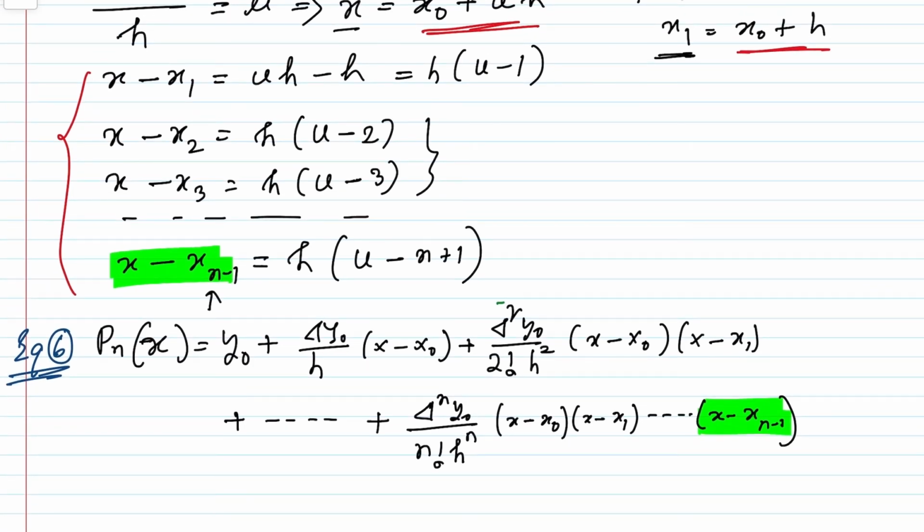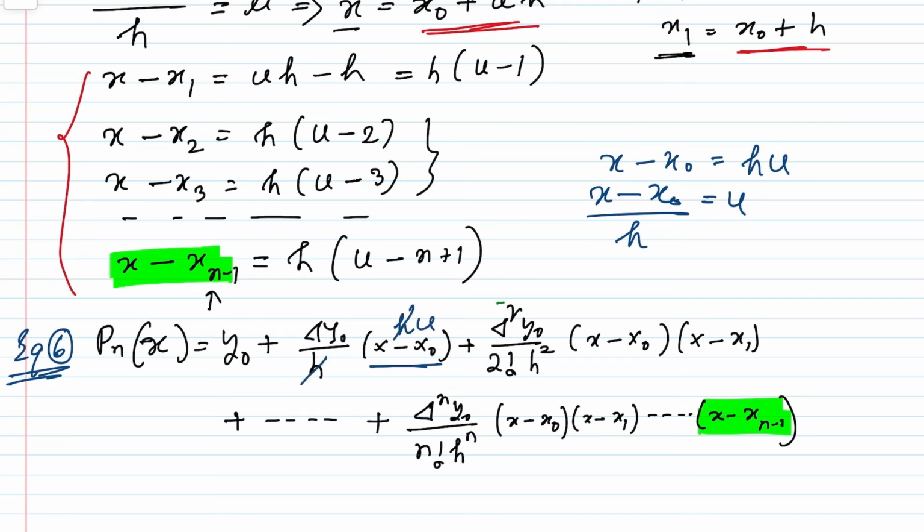If you put here x minus x naught is equal to h into u, since x minus x naught divided by h is equal to u we have considered, then this h will be cancelled.